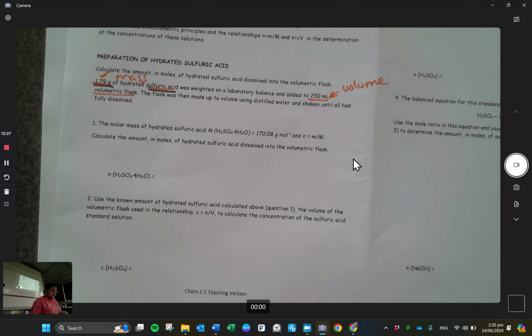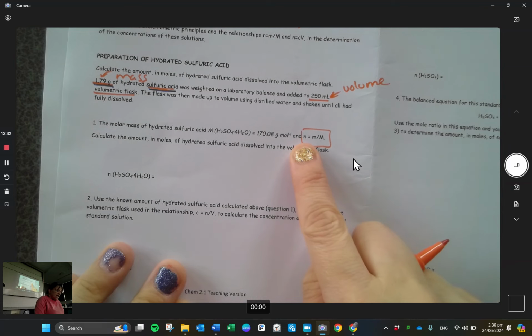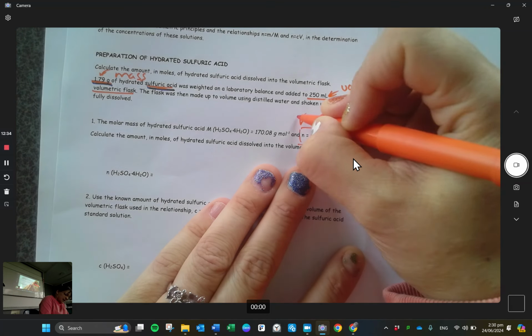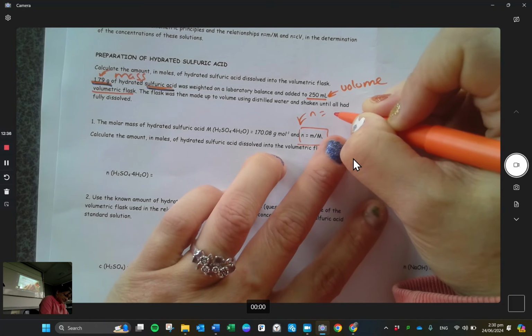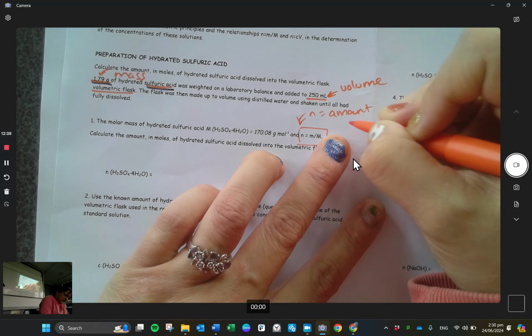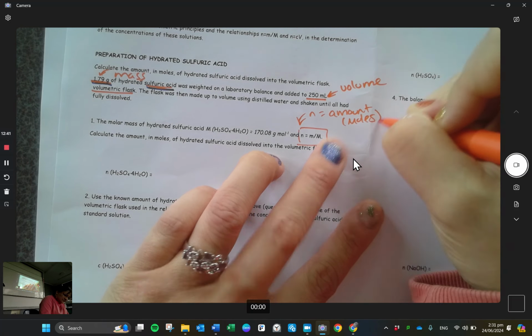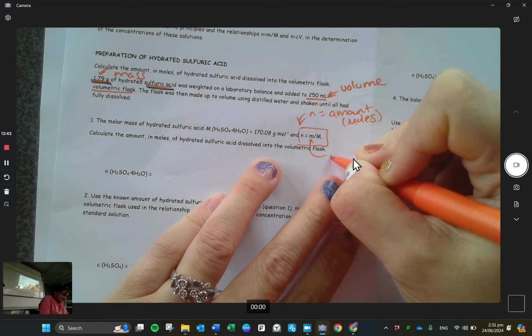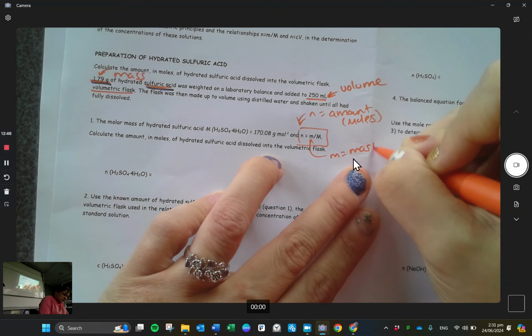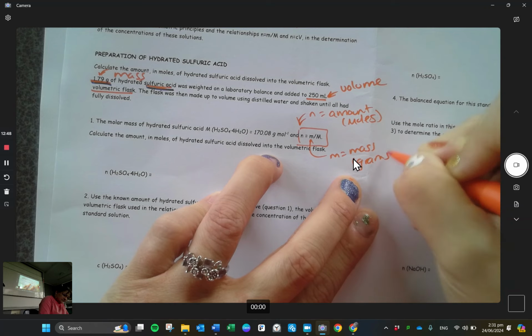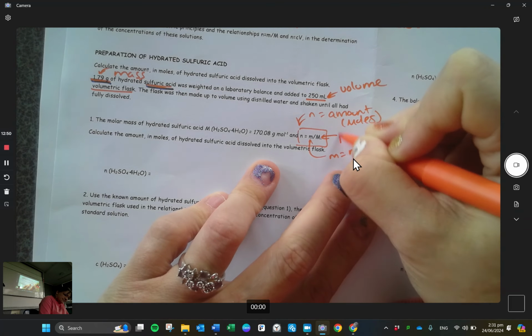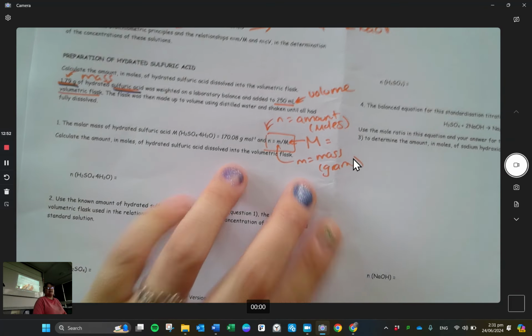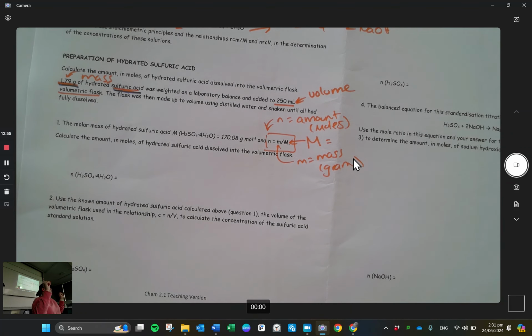Now, in order to do this conversion, what we need to do is this equation here. So n is referring to the amount, which is in moles. The little m is referring to mass, which is in grams. And then the big M is referring to molecular mass. That's actually looking at the atomic weight on the periodic table and giving us a ratio.